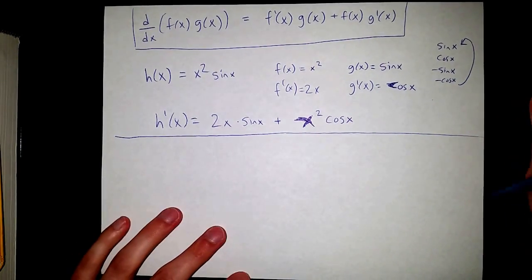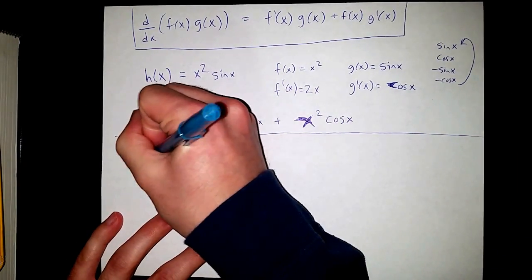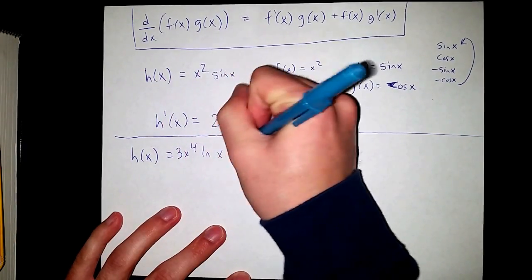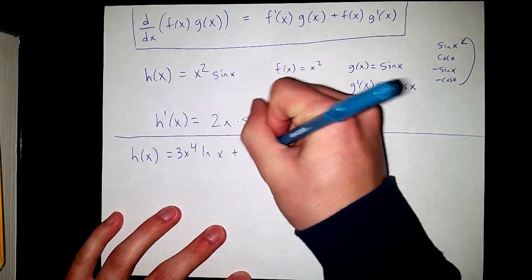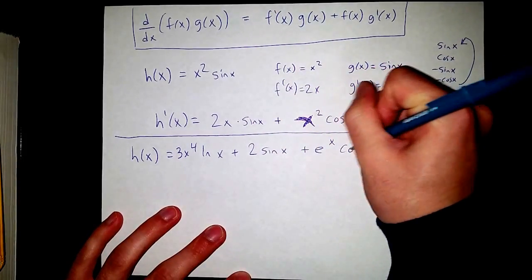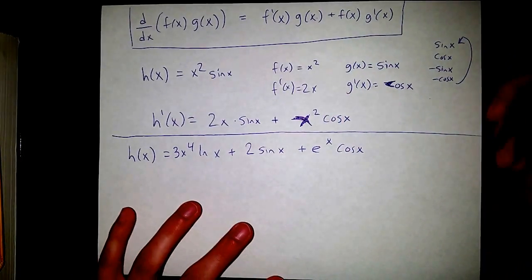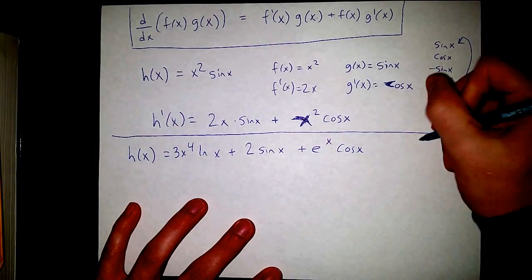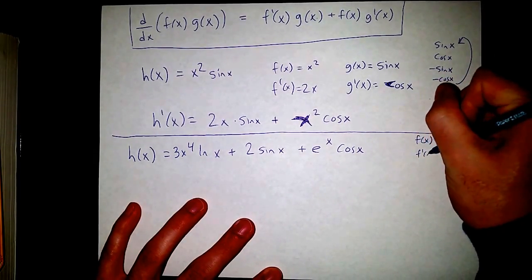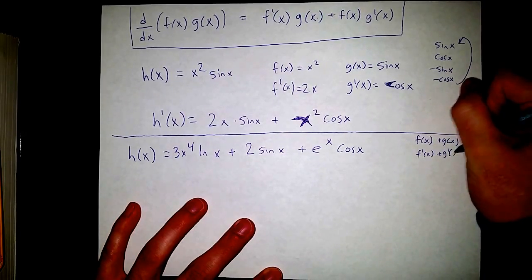Let's do one final example, a little bit tougher. Remember that the derivative is additive. What I mean by that is that when you add two functions, their derivatives also add.